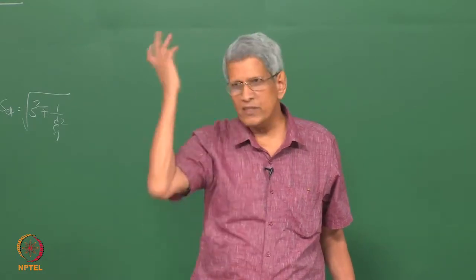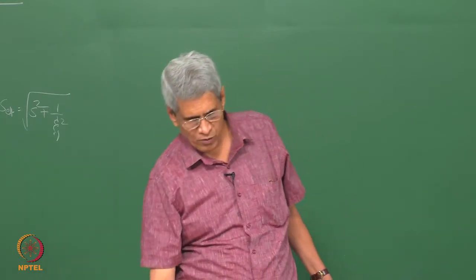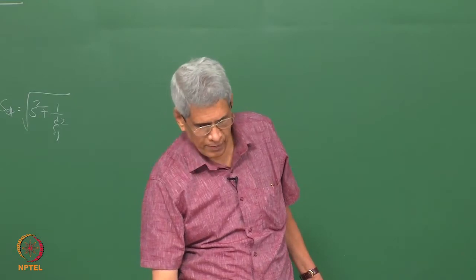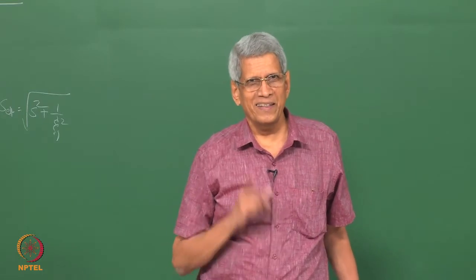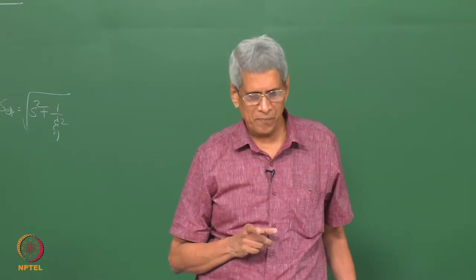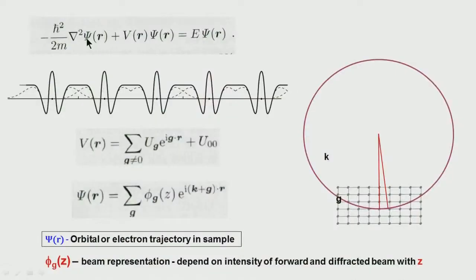So, there is an orders of magnitude difference. Still, what is essentially going to happen is that there is going to be a variation. In this expression, I had just taken a potential like this.